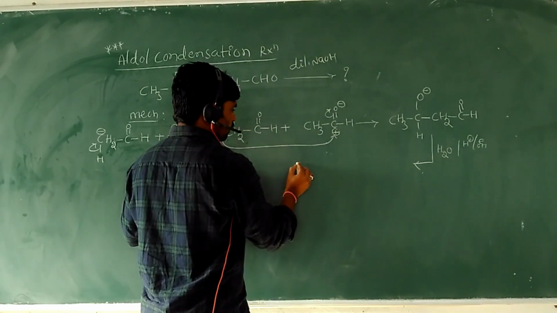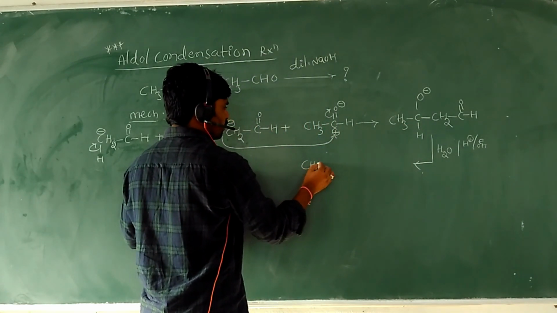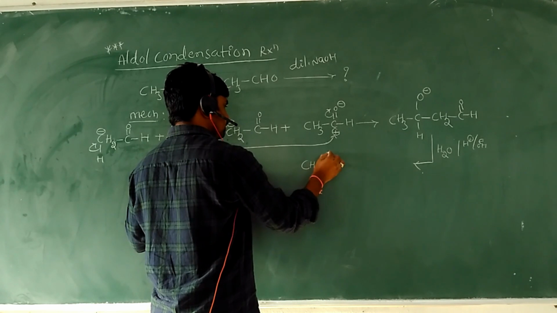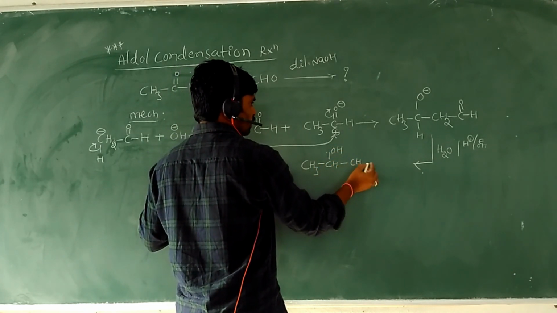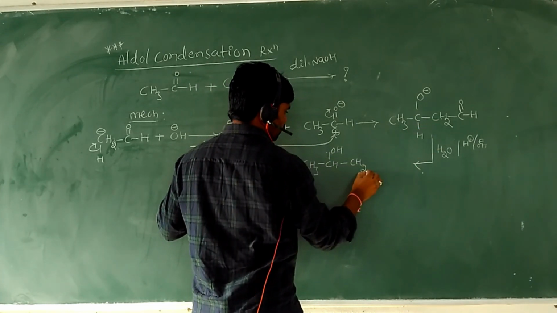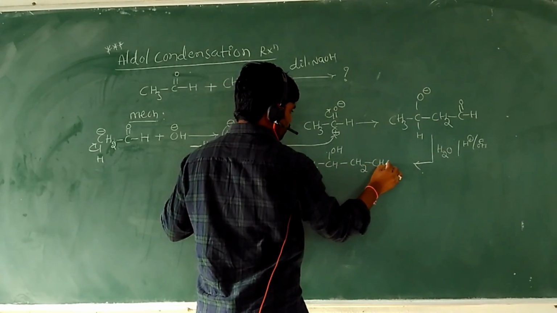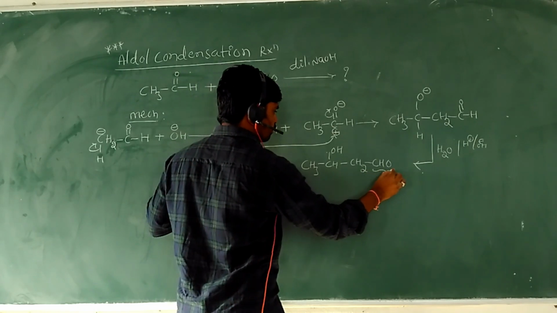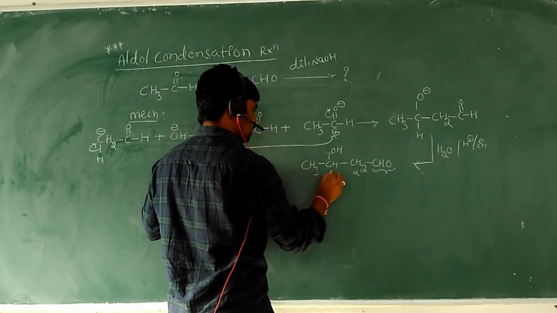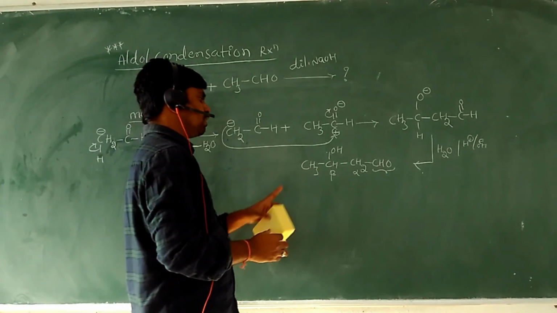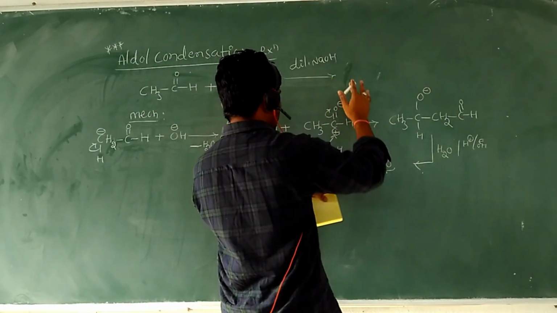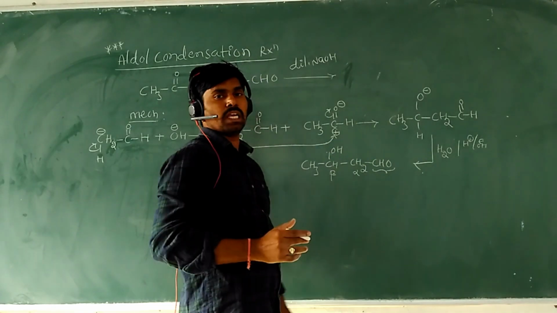Now write down CH3, CH, OH, CH2, CHO. So this is the functional group. Beside it is the carbon alpha, and this is the beta. So finally in the reaction we get beta hydroxy aldehyde.